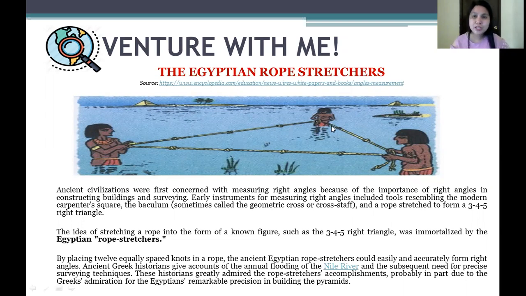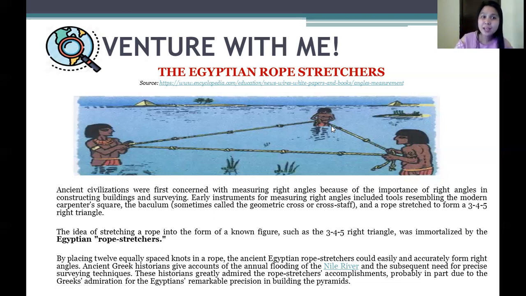So why do they use right angles? They need to have right angles if they need to construct a building. Remember, the wall must be a right angle with the floor so that it won't collapse easily. Or when they survey, they need to have right angles.